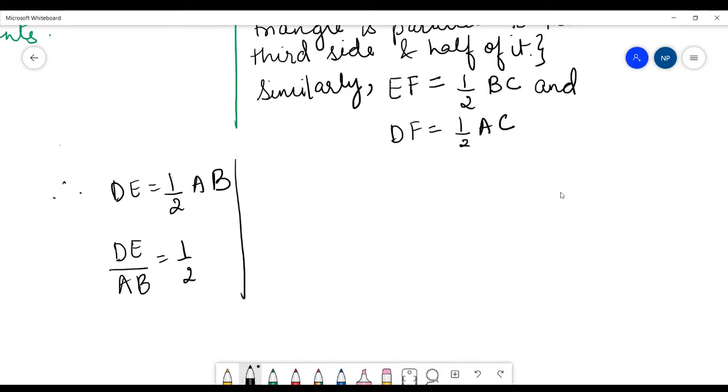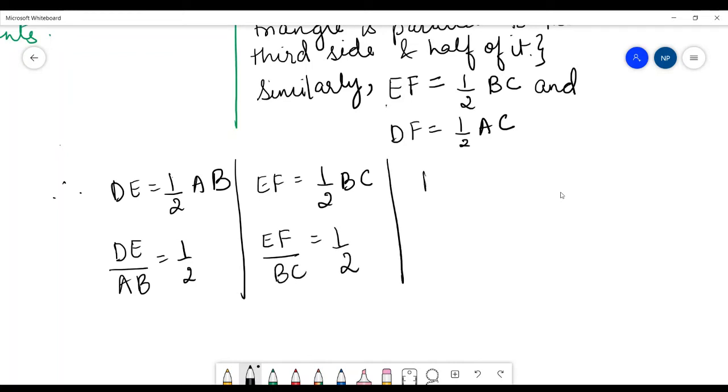Then, EF is equal to half of BC. Again, bring BC to LHS. What do we get? EF upon BC is equal to half. Again, DF is equal to half of AC. Bring AC to LHS. We have DF upon AC is equal to half. So you see the ratios are all equal to 1 by 2.